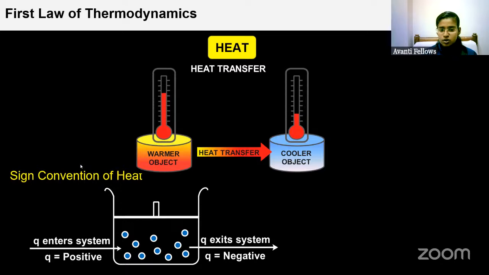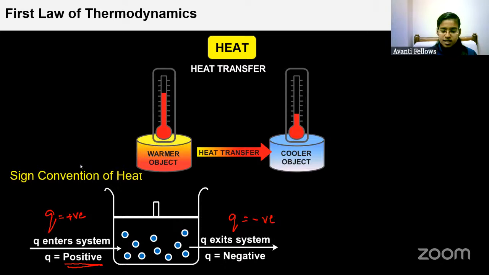We have to use plus. If the heat is entering into the system, then the Q value will be positive. If the heat is coming out of the system, then the Q value should be negative.